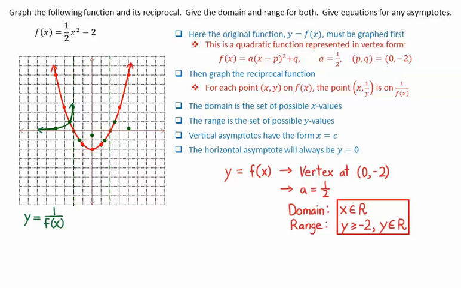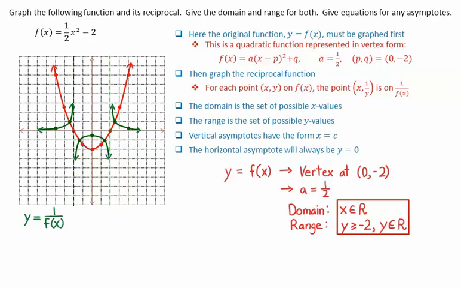This time the y values are negative, so this will be below the x-axis. And finally, to the right of the second vertical asymptote at x equals 2, again making sure we go through the points and approach the vertical asymptote. In this case, all of the y values will be positive.